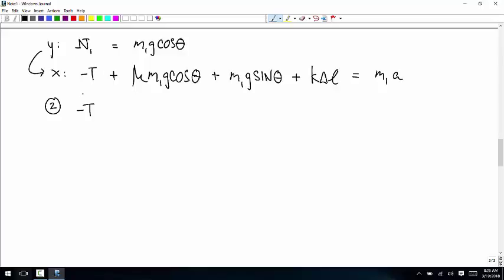So negative T plus k delta L minus m1 a is equal to negative m1 g times the quantity mu cosine theta plus sine theta.